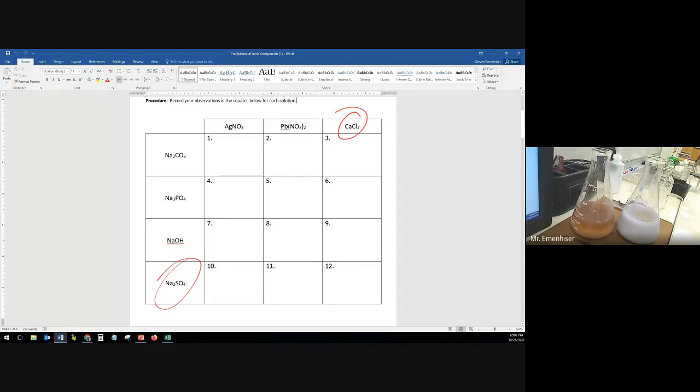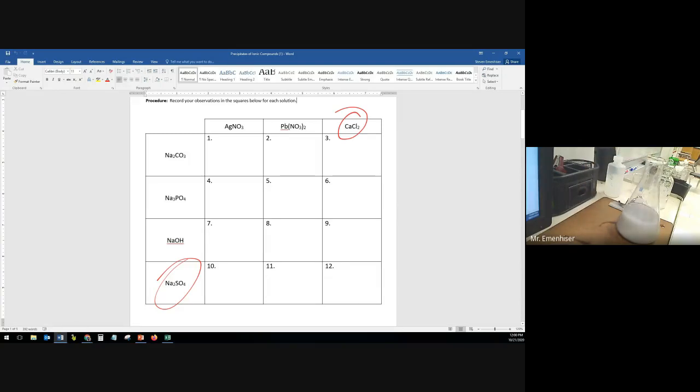Okay, this one's all gone. Let's add some sodium carbonate to this one. Notice we get some color changes. Oh, very cool. That one changed the pH of it. Check this one out. Look at the bottom.